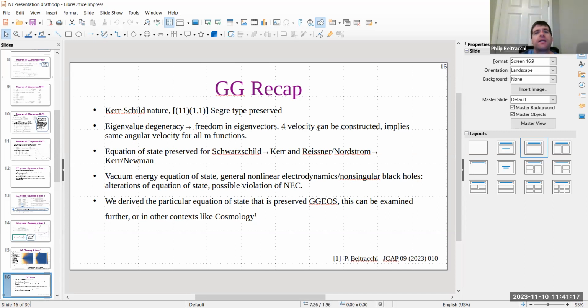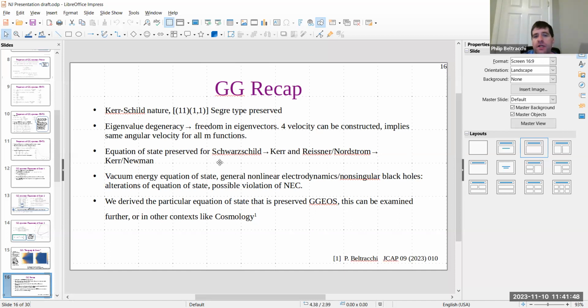Regardless of this freedom, we can construct a 4-velocity, which ends up implying a unique angular velocity, which is shared by all m functions. We get that the equation of state is definitely preserved for Schwarzschild to Kerr and for Reissner-Nordström to Kerr-Newman. It is preserved in the more general case that we also derived.